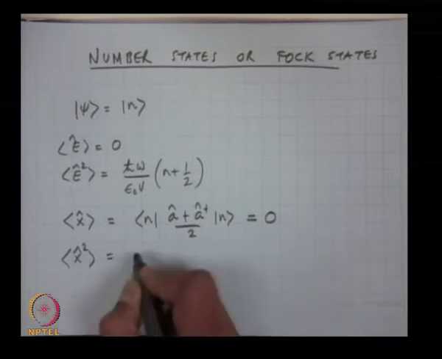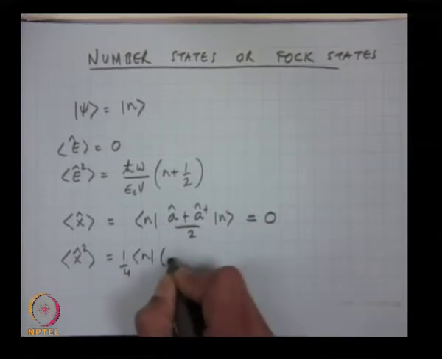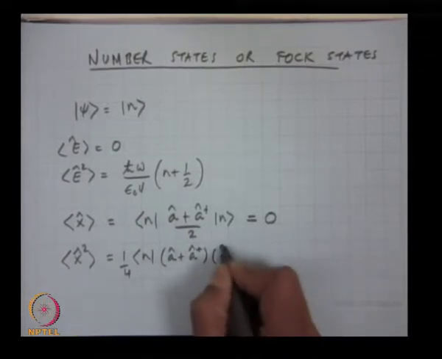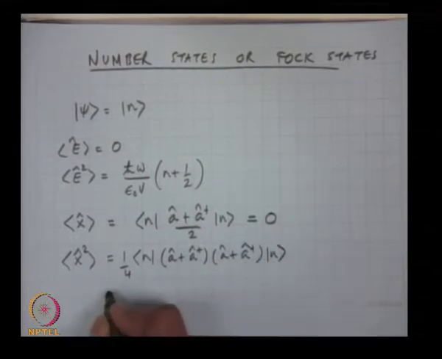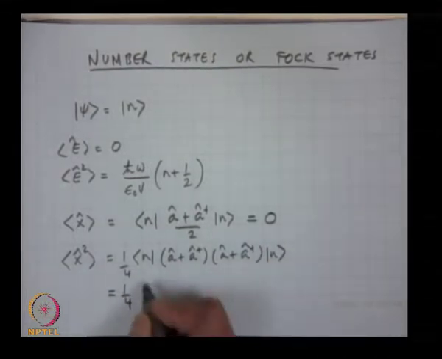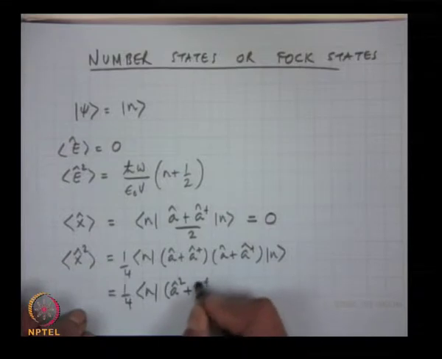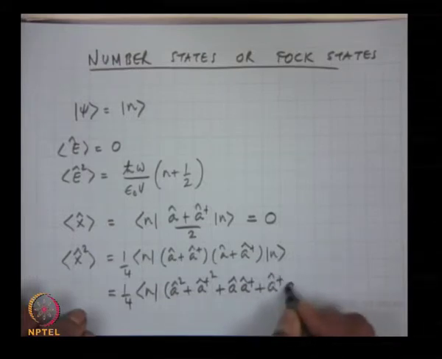X square, in the state n, is 1 by 4 <n|(a plus a dagger)(a plus a dagger)|n>. So this is 1 by 4 <n|(a square plus a dagger square plus a a dagger plus a dagger a)|n>.